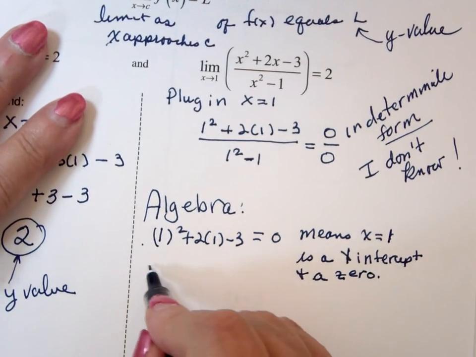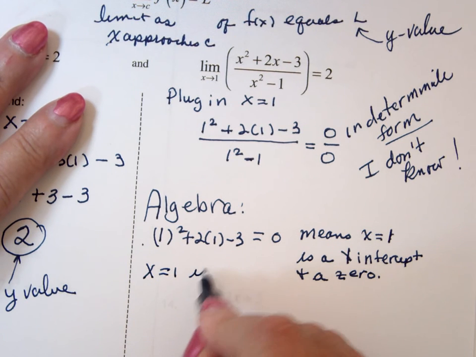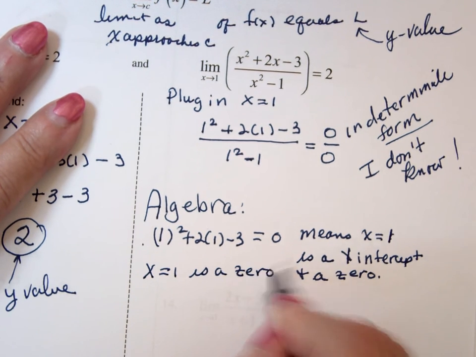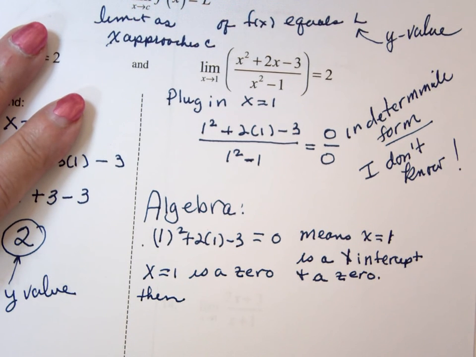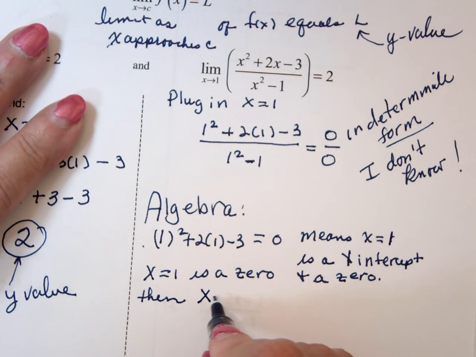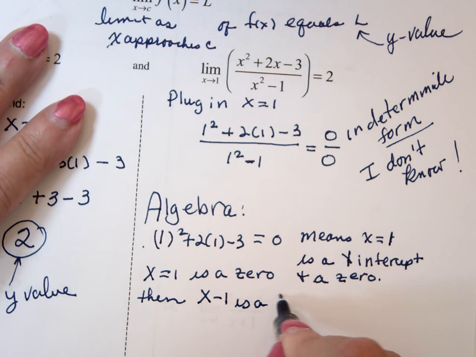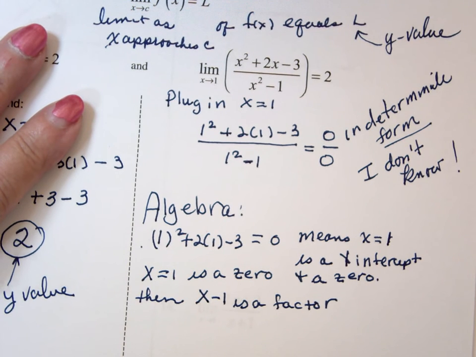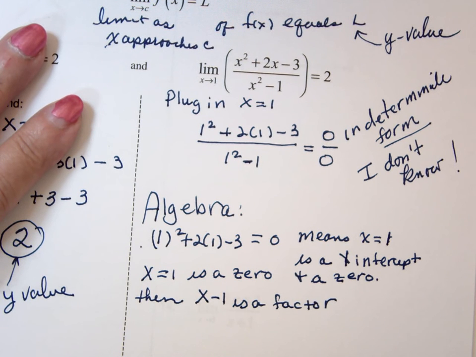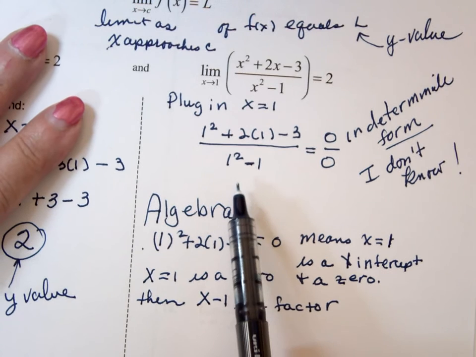So, if x equal 1 is a 0, then from the factor theorem in college algebra, x minus 1 is a factor. It's like x plus 1, x minus 1. And notice the same thing happens in this denominator.